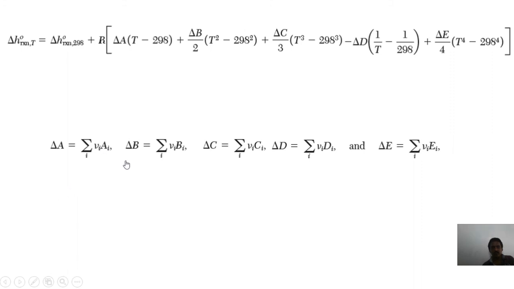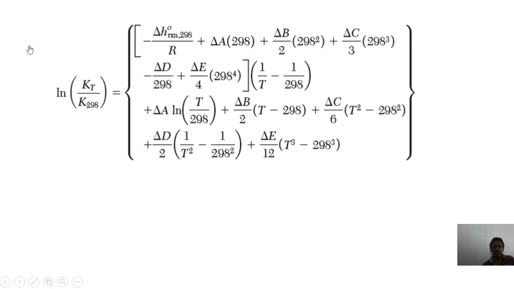Similarly, we can calculate del B, del C, del D and del E, where Ai, Bi, Ci, Di and Ei are taken from heat capacity data of the reacting species. After finding delta H of reaction at temperature 973 Kelvin, we can calculate K at 973 Kelvin using the given equation here.